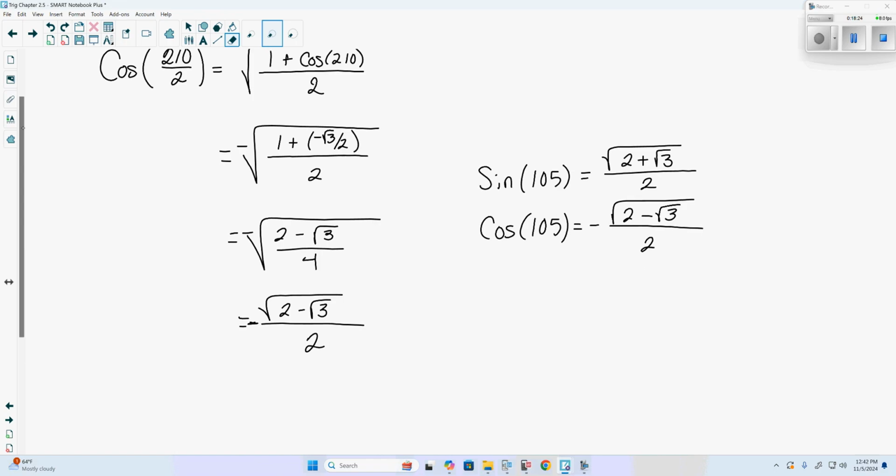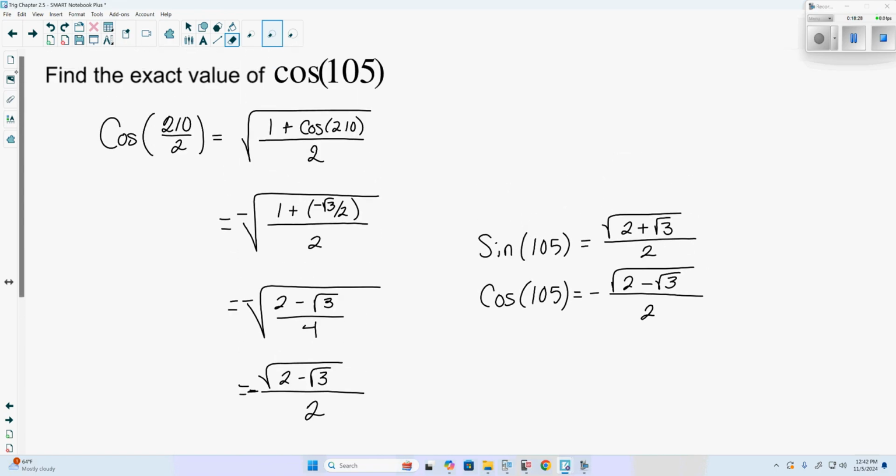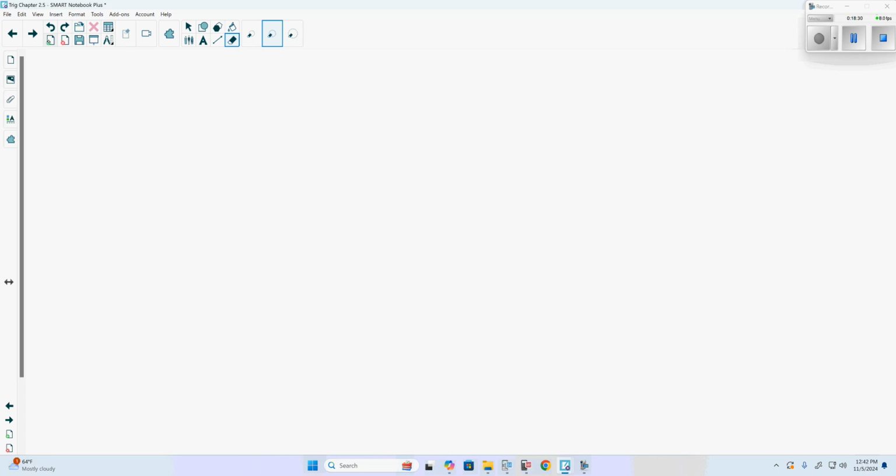Now, I didn't ask for this, but we can go on and find tangent of 105 degrees. Because tangent of theta over 2 has one of 4 different forms. We can say that it's plus or minus the square root of 1 minus cosine of theta over 1 plus cosine of theta.